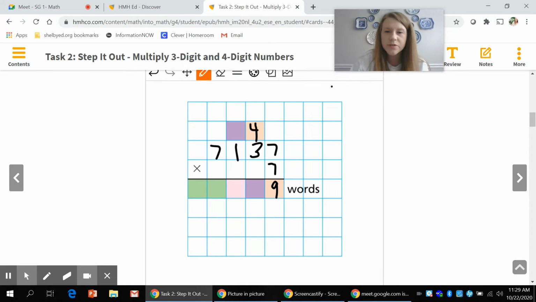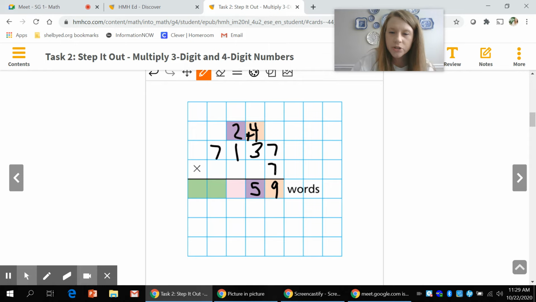And then what do we do with this 4 up here? Yeah, we add it in there. 7 times 3 is 21, plus 4 is what? 25. So what number stays down here? The 5, and then we carry the 2.